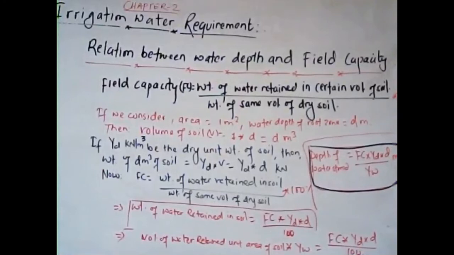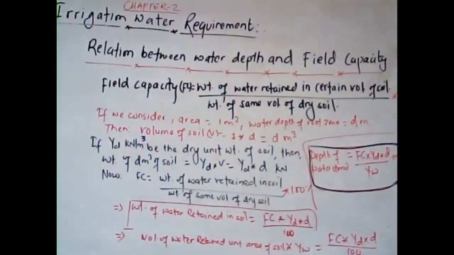Therefore, we know that water weight equals gamma into V. So the volume of water retained in unit area of soil into gamma w equals Fc into gamma d into d by 100. Here we just substitute the weight of water retained in the soil as the volume of water retained multiplied with the unit weight of water, isn't it?